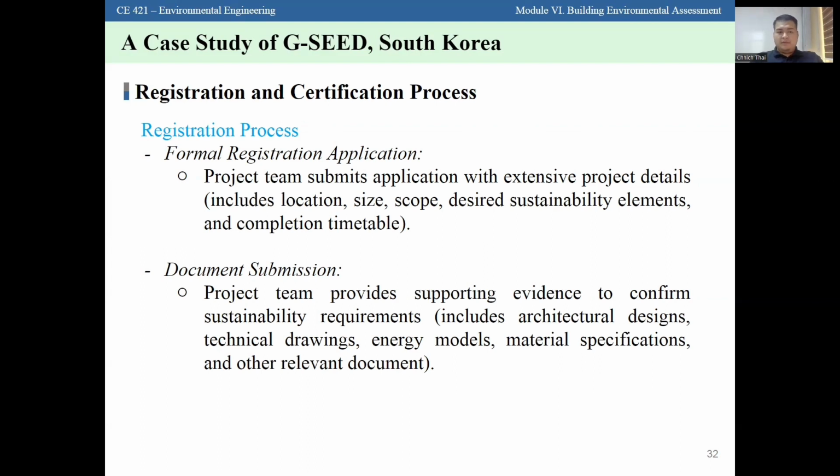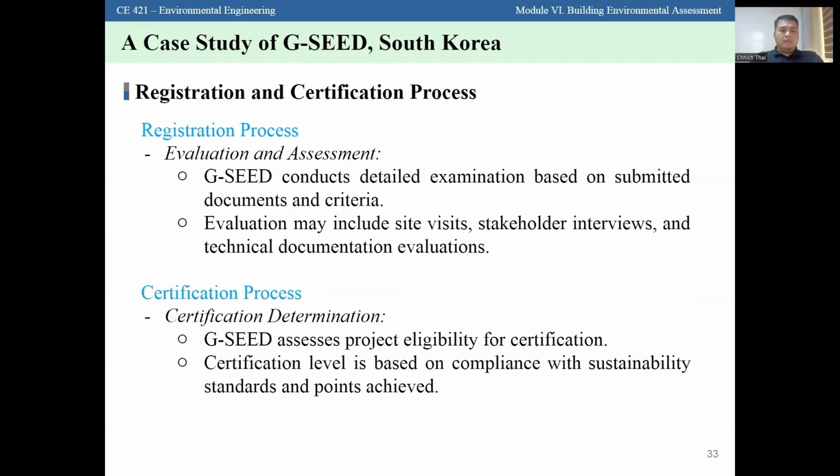After filling the application, the next one is the document submission, where the project team must submit the application to GSEED with all the relevant documents such as architectural drawings, technical drawings, and other relevant documents. After the submission, there will be the evaluation and assessment period, where GSEED might conduct a detailed examination based on the submitted documents and criteria, as well as a site visit, interviews with the stakeholders, and technical document evaluation.